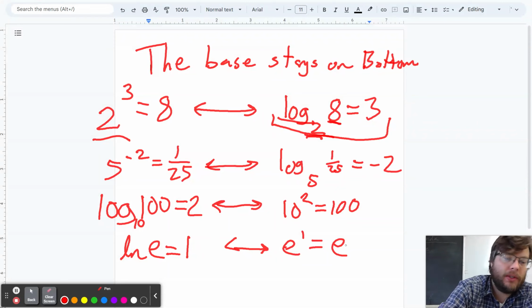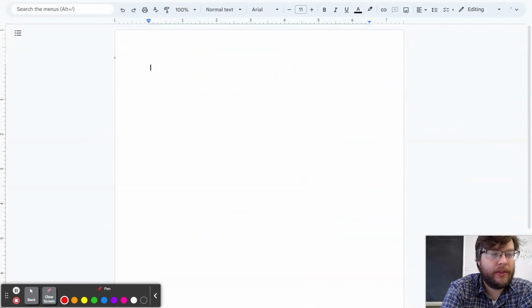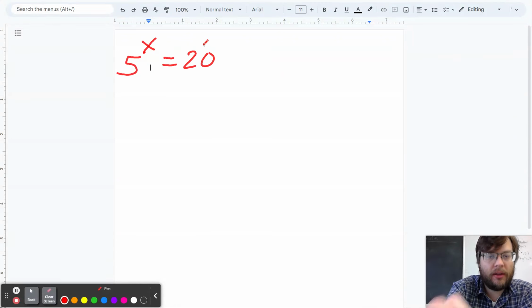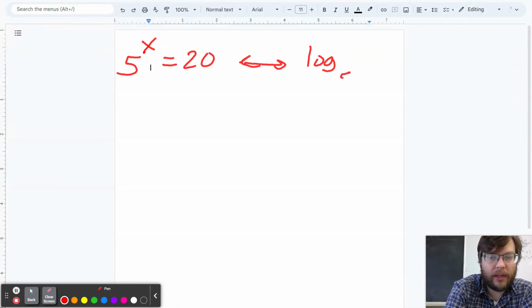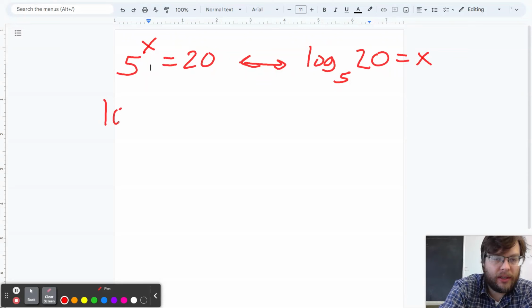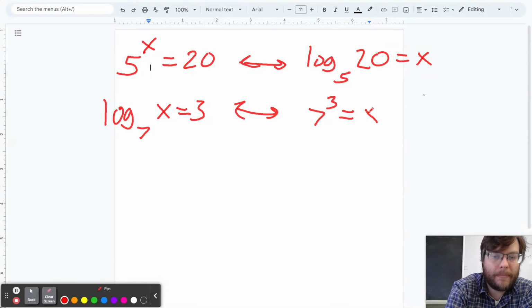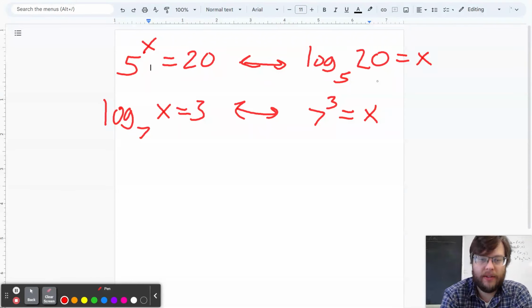Okay. So this is helpful when you don't know some of the pieces of the problem. So for example, if you have 5 raised to the x is equal to 20, you can keep the 5 on the bottom and write it as a logarithm. Log base 5 of 20 is equal to x. Similarly, if you had log base 7 of x is equal to 3, you can keep the 7 on the bottom and get 7 to the third is equal to x.